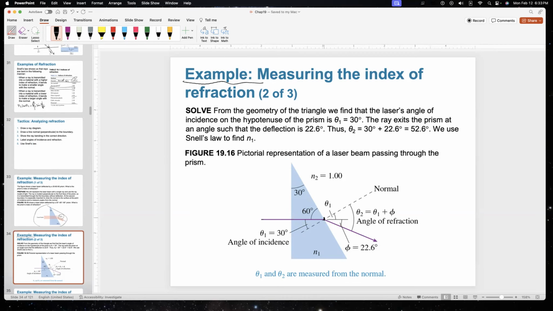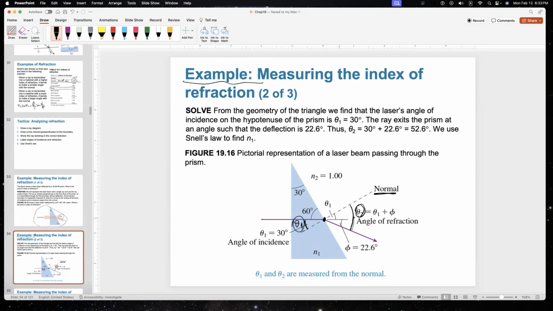Something important was happening right at the surface here. So you draw the normal line. That's the first thing to do. And you know then, therefore, that this is the angle theta 1 that goes in Snell's law. And this whole thing is the angle theta 2 that goes in Snell's law.